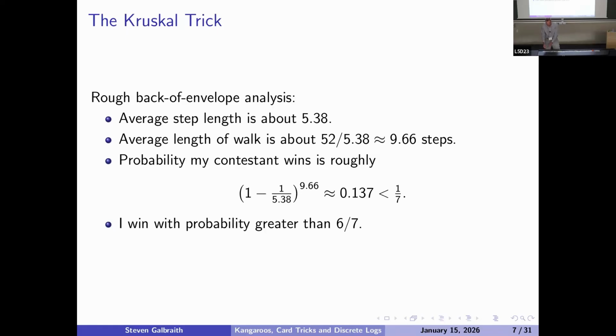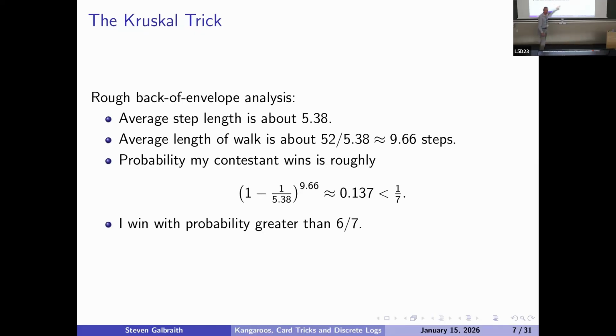And so if you think of your first choice as making a random choice in the next block, that random choice has to be one of the 4 out of 5 safe cards on average. And then your next step in your walk has to be one of the 4 out of 5 safe cards, and so on. So that's what's going on in this formula. There's about 1 over 5.38 chance that in any particular window you hit the bad card.